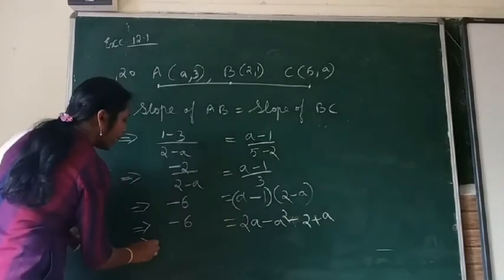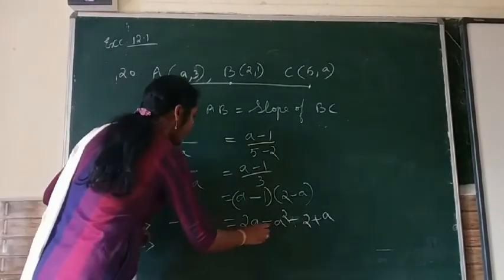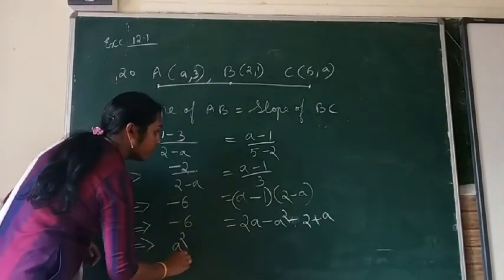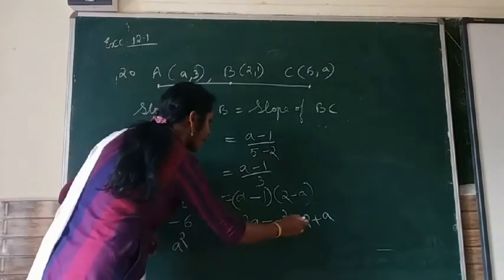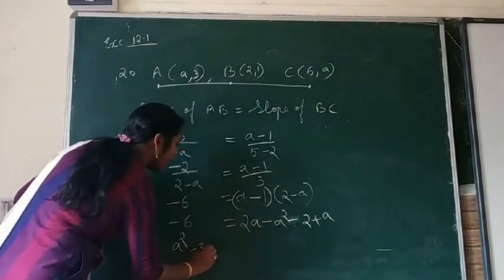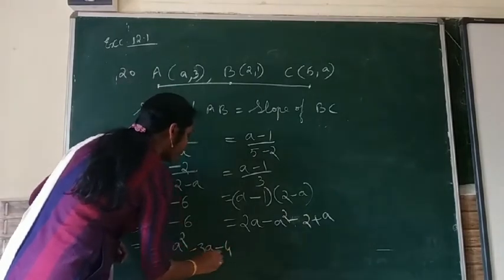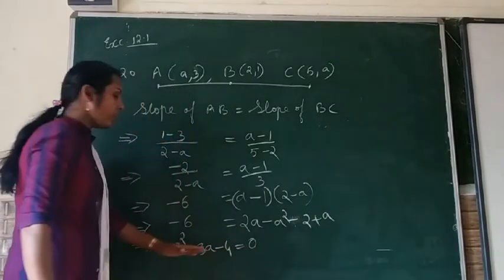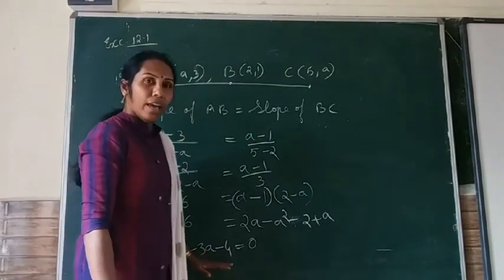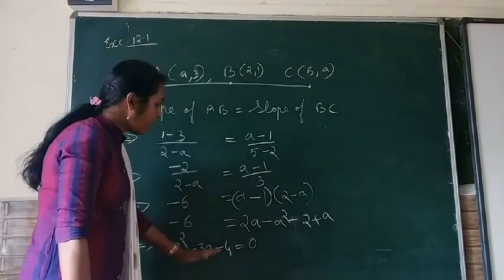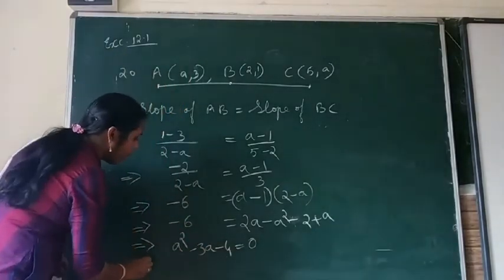Further simplification, we get a square minus 3a minus 4 is equal to 0. So this is a quadratic equation in a. We have to solve it. By solving this quadratic equation, we can find the value of a.